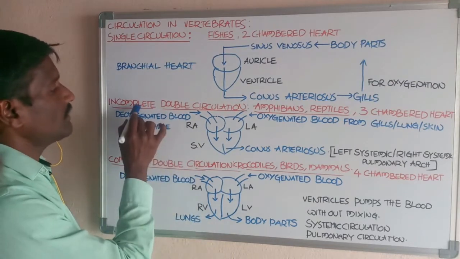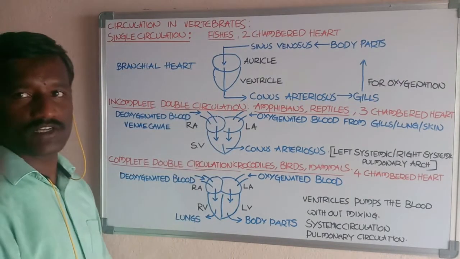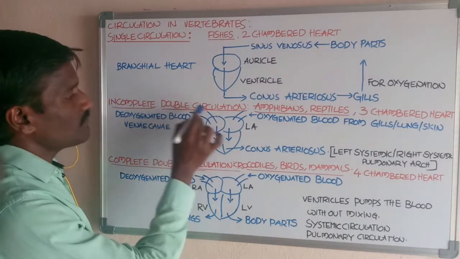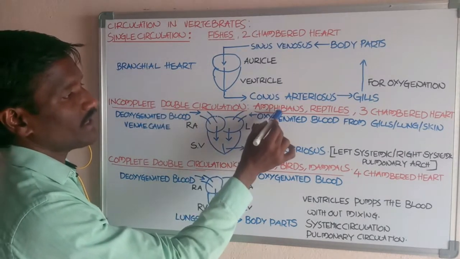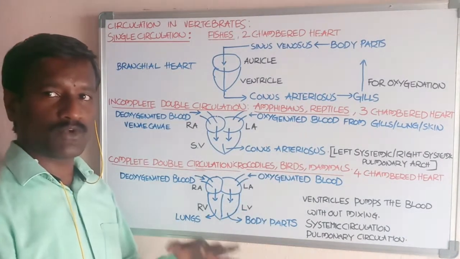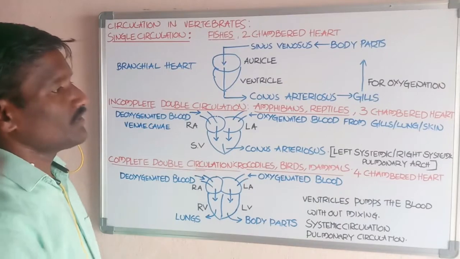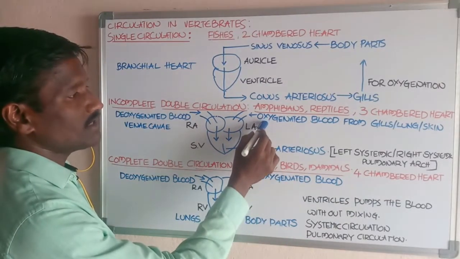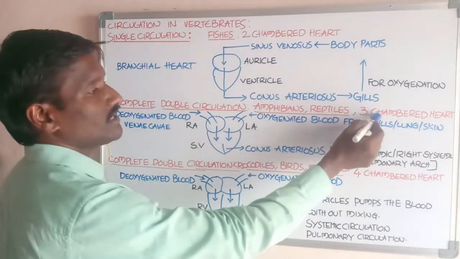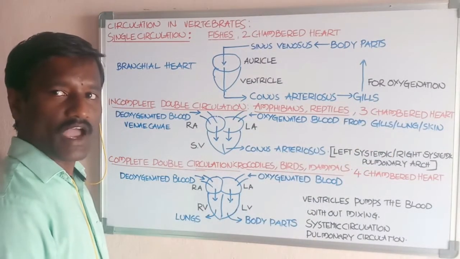Next, incomplete double circulation. Incomplete double circulation is present in amphibians and reptiles, except the crocodiles. These are animals having a three-chambered heart.